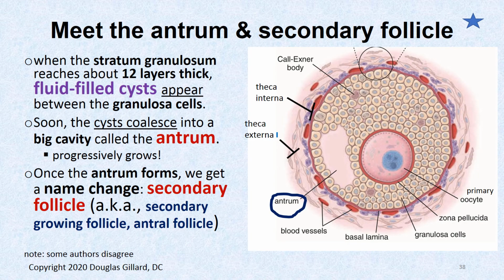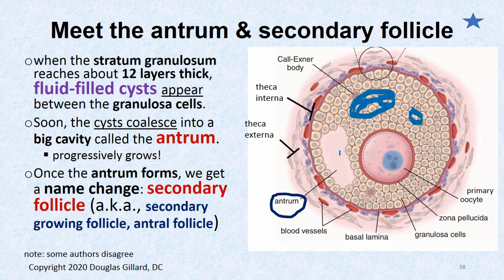Okay, now here's another weird thing that happens. When this stratum granulosum is 12 cells thick, you start forming little cavities here and there. And then the cavities start hooking together to make a bigger cavity. And that's called the antrum. The antrum.